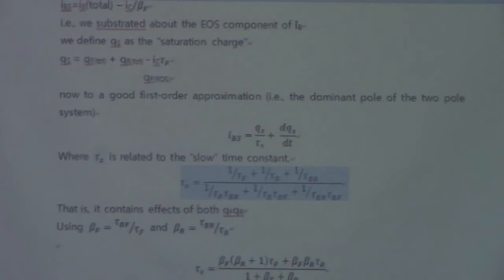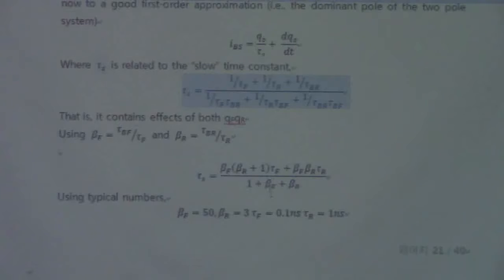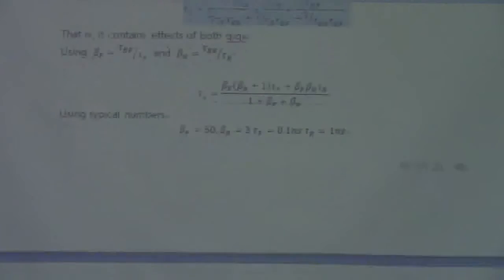So this is the saturation characteristic time, and let's define the beta values for the forward bias and the reverse bias like this, and then we can relate this saturation characteristic time to the beta values. If you put typical numbers in, we have 3 nanoseconds as the saturation characteristic time.